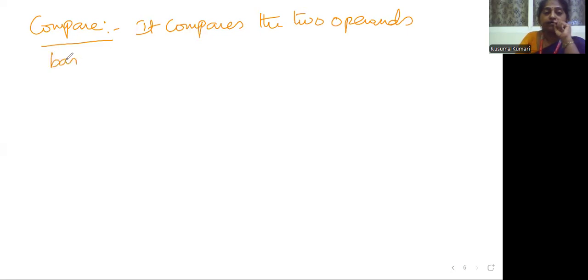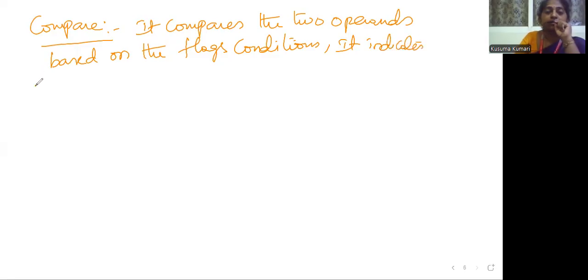Based on the flag conditions, it indicates either largest, smallest, or equal numbers.